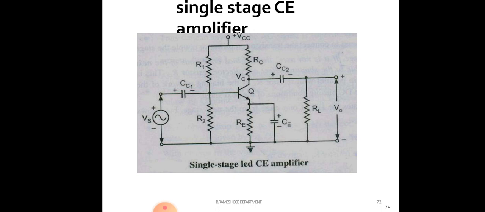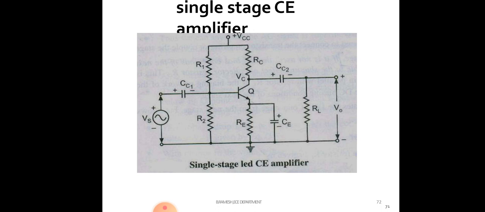Q represents the transistor. So this is the circuit diagram, and now the description and function of each and every component. The source signal has a low amplitude, and that amplitude must be increased. The purpose of the coupling capacitor is to couple your input signal and transfer it to the base terminal.